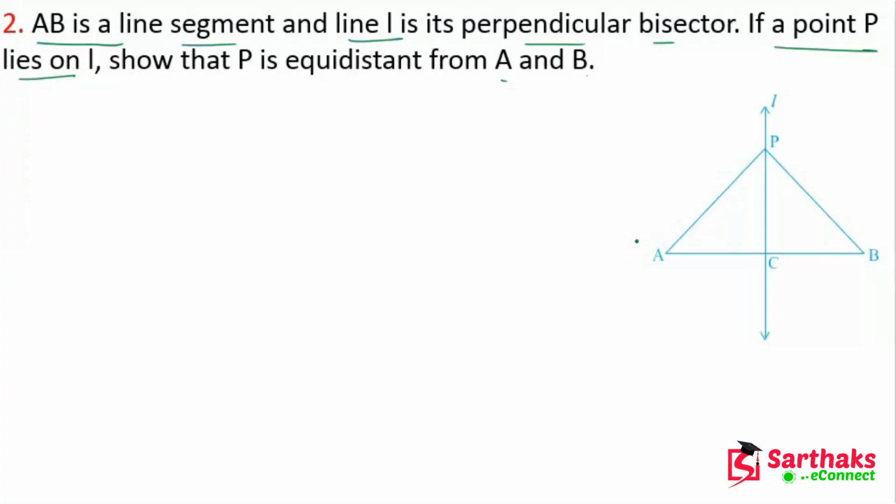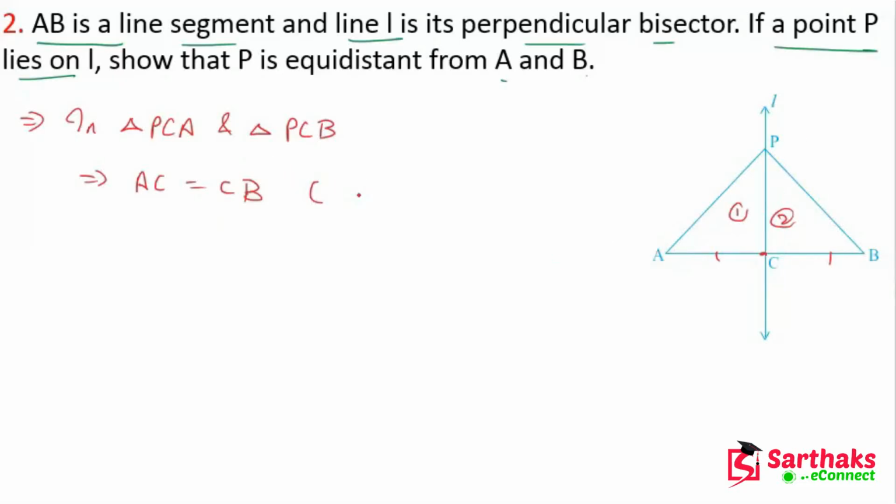Now consider triangle PCA and triangle PCB. We can write AC is equal to CB, which means this line is equal to this line, because C is the midpoint, because line L is the perpendicular bisector of AB.